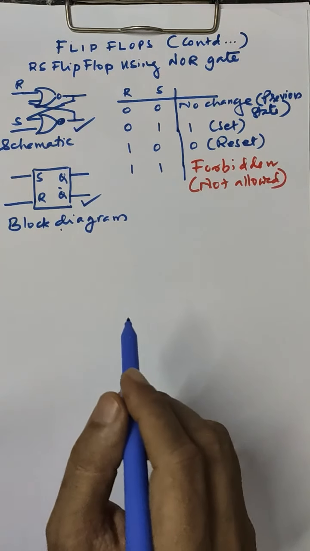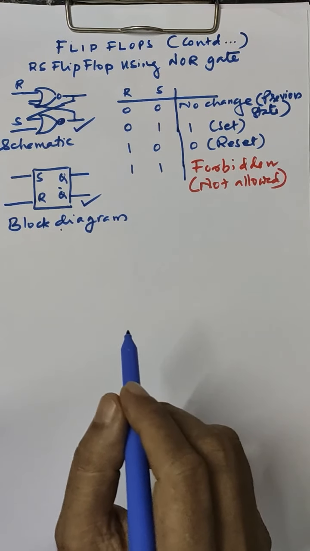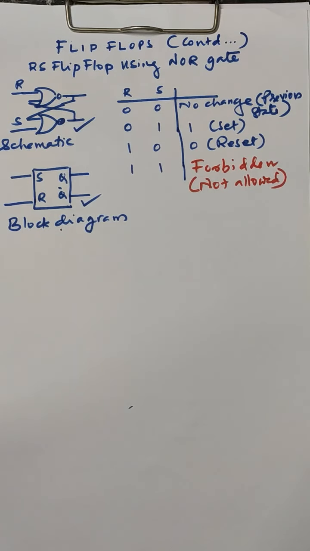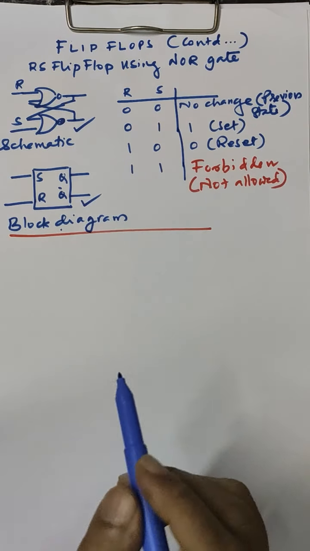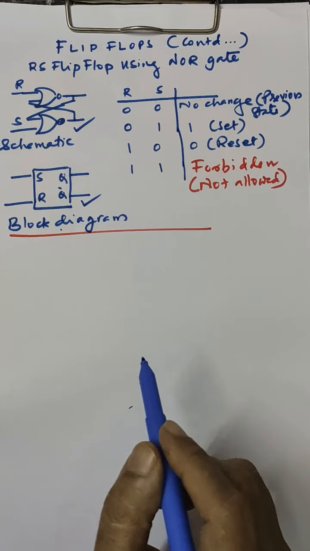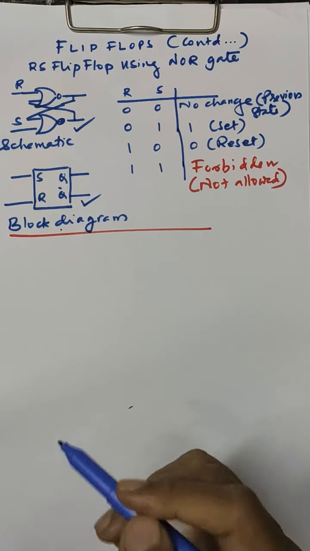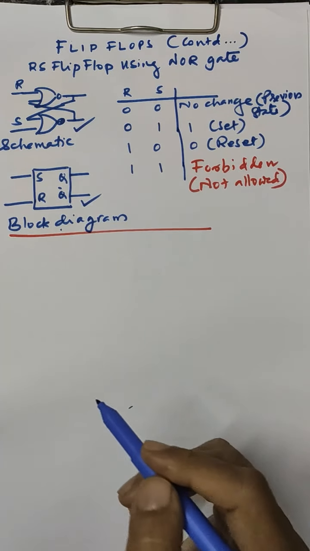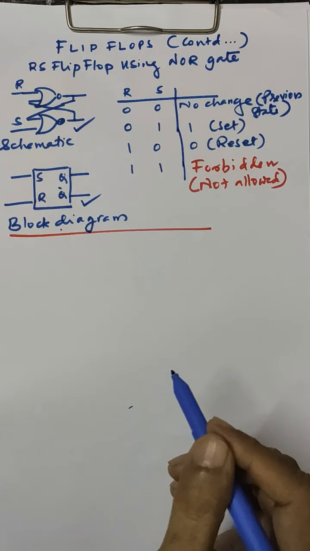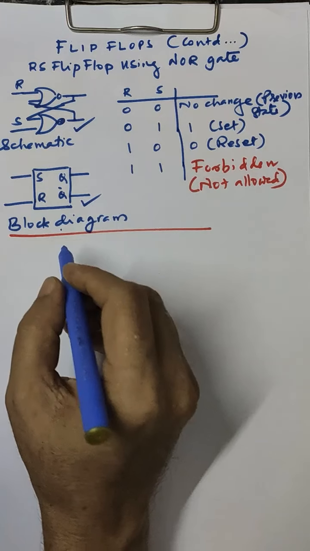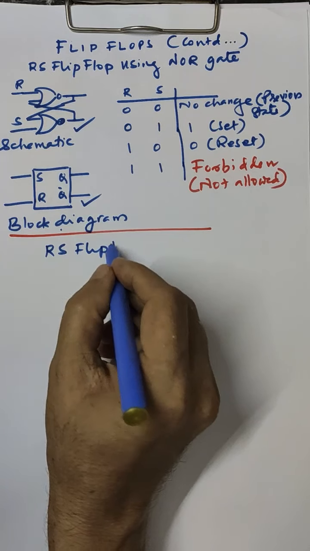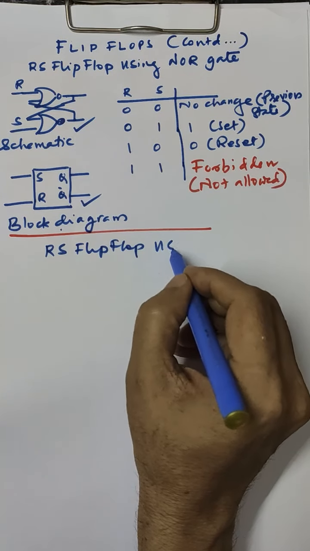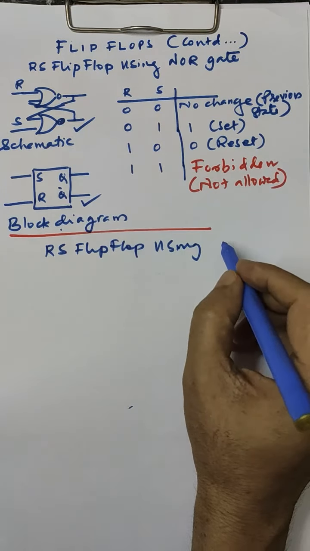Now we can see how an RS flip-flop can be constructed using NAND gate. Any circuit which can be constructed using NOR gate can be constructed using NAND gate also, as both these are known as universal building blocks. The circuit diagram for an RS flip-flop using NAND gate is also the same.